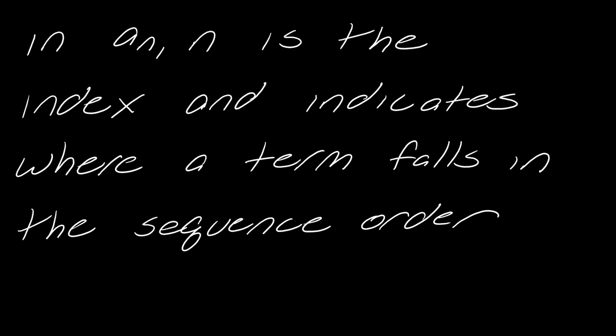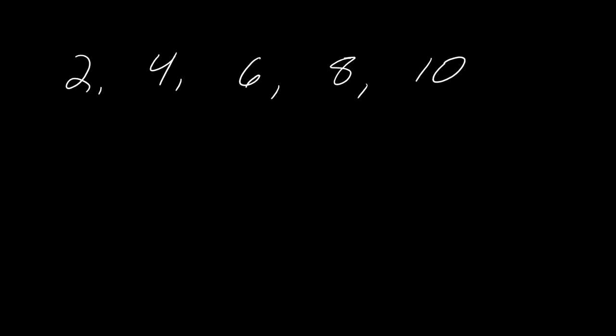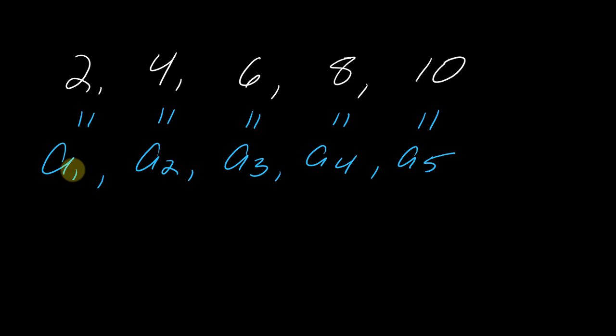So just to go back to our 2, 4, 6, 8, 10 example, if I wanted to use that index notation, 2 would be my a sub 1, 4 would be my a sub 2, 6 would be my a sub 3, here's my a sub 4, a sub 5. When you have a number here, that indicates what its place is in the sequence. So a sub 1 I know right away is the first term. A sub 5 I know right away that's the fifth term in the sequence.